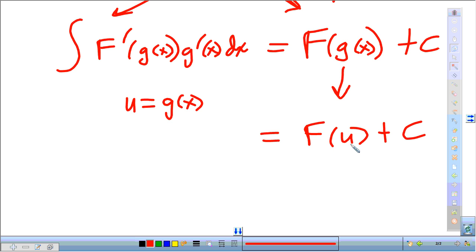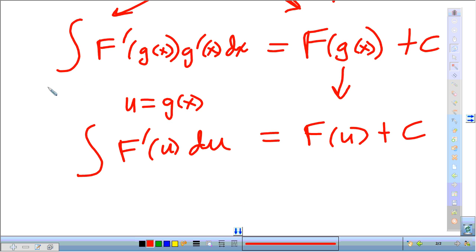But capital F of u would come from the derivative. So we're replacing this. If we know it's capital F of g of x, that would be capital F of u under the substitution u of g of x. But then in this formula, notation-wise, it should have come from the integral of the derivative.